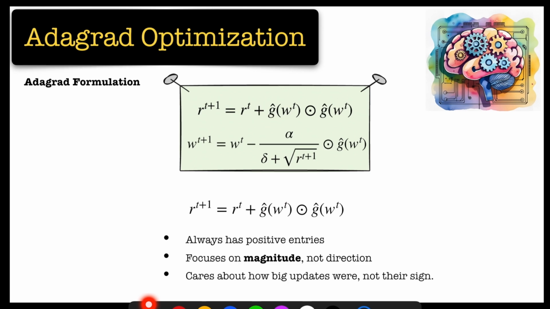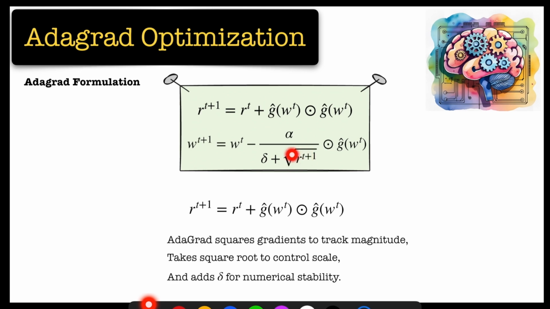We are just ignoring the direction. So it cares about how big the updates were, not their sign. Whether it's positive or negative, it doesn't care. And then we are taking the square root. So AdaGrad squares gradients to track magnitude and takes the square root to control the scale. And it adds this delta, as we already said, for numerical stability to avoid the divide by zero error.